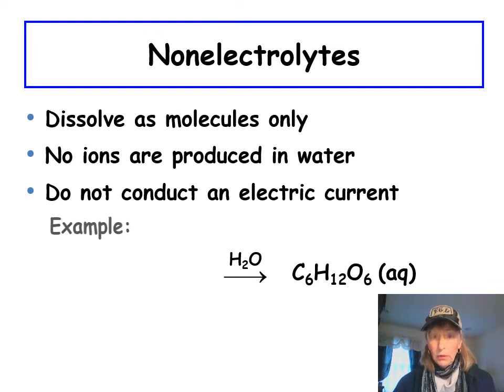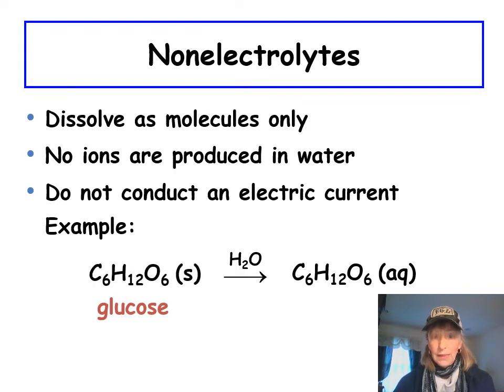An example, glucose. Glucose is C6H12O6. It is a solid. It is polar. It's a polar compound because it has oxygens bonded to hydrogens. It's not ionic, it's molecular. It will dissolve, notice the equation, it will dissolve in water.